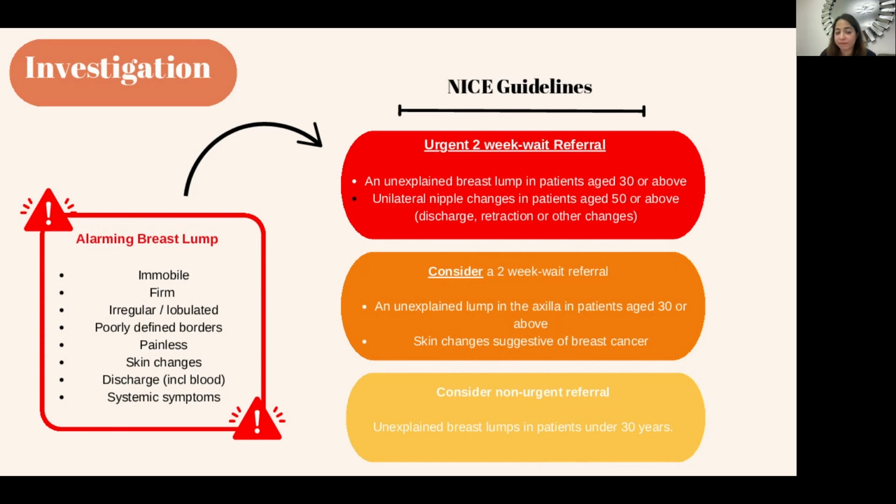And then a non-urgent referral would be anyone who's got an unexplained breast lump and they're below 30. You'd still refer them to breast clinic, but it's less likely to be malignant, so they'll be under a non-urgent referral rather than a 2-week wait, and that's the NICE guidelines.